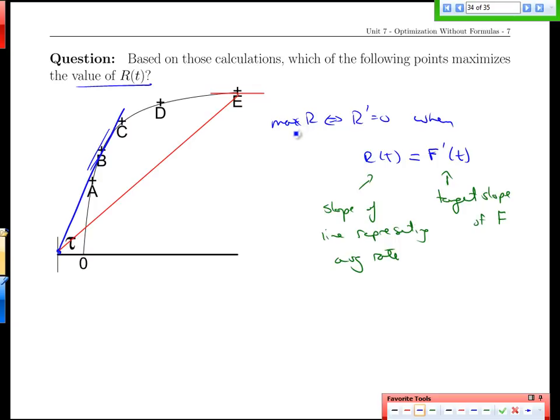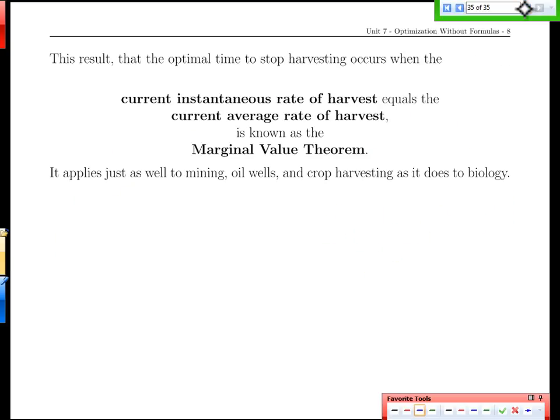Now, this is not just one example either. This idea that the optimal time to stop harvesting occurs when the current average rate, r of t, equals the current instantaneous rate, f prime of t, is something called the marginal value theorem. It shows up in economics, it shows up in finance, it shows up in biology, especially in evolutionary biology, where we look at these kinds of efficiency measures.